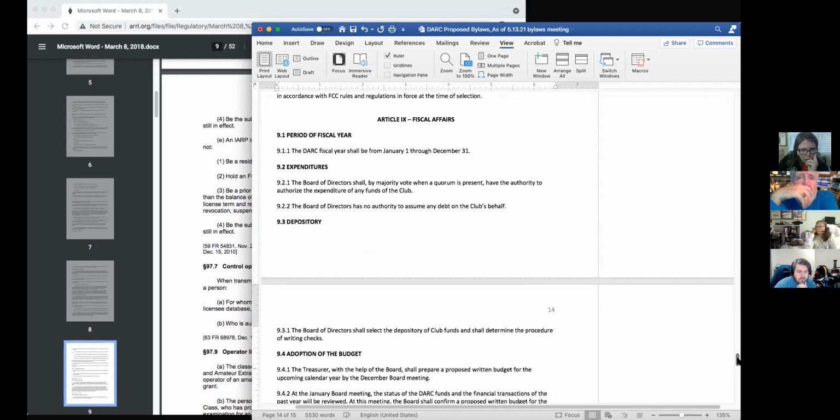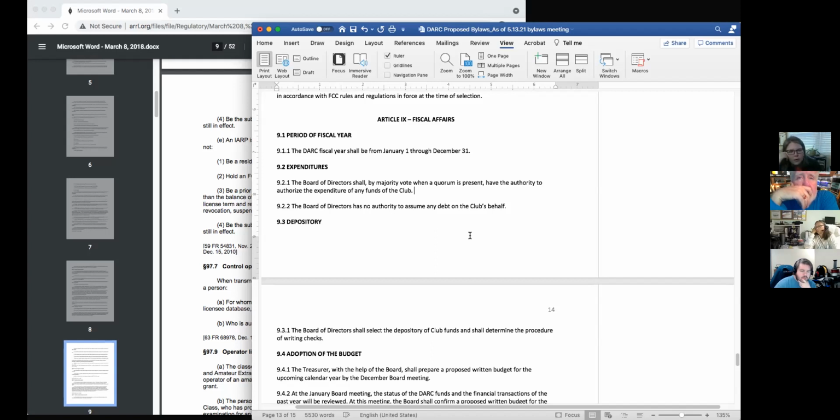Oh, 9.2.1: when a quorum is present, have the authority to authorize the expenditure of any funds of the club. But it says by majority of the board of directors. That's just the majority board vote, without going to the membership.